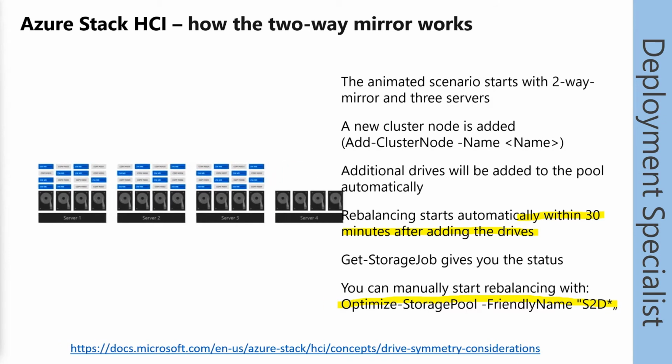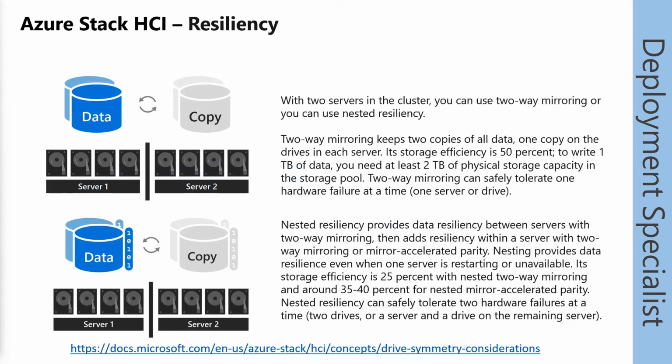Let's have a look at the different redundancy options. In the two server node scenario, we can have the two-way mirror. The advantage of a two-way mirror is that we can lose one drive, we can lose two drives in one server, we can lose a complete server.